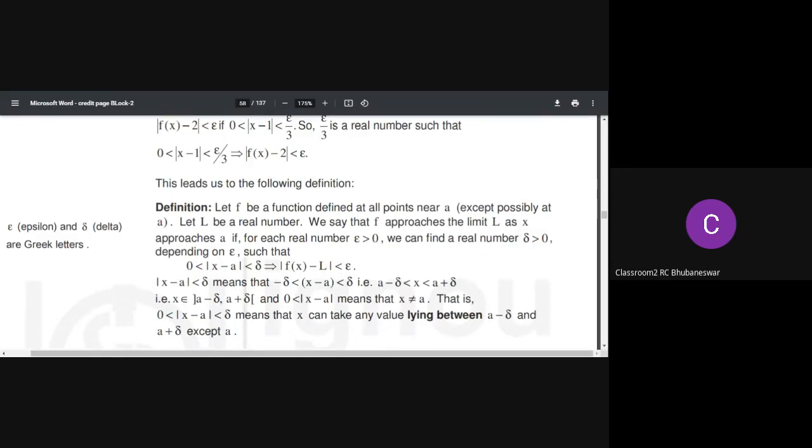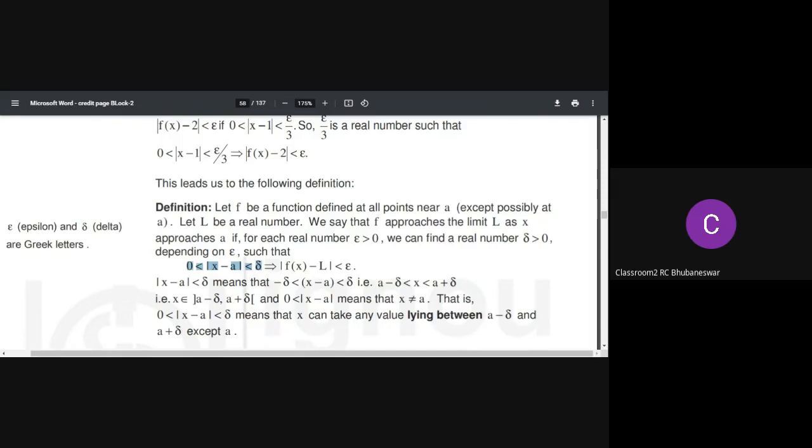So here let f be a function defined at all points near the fixed point a, and capital A be a real number. Then the expression is like that. Whenever x approaches to a, then we can express it in this form. That means the difference between x and a is very small, and that will be less than small delta. And small delta here is a very small positive real number.